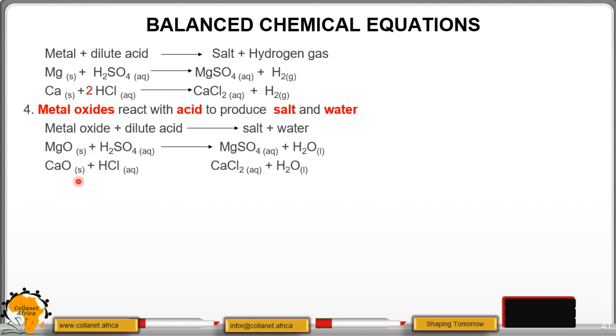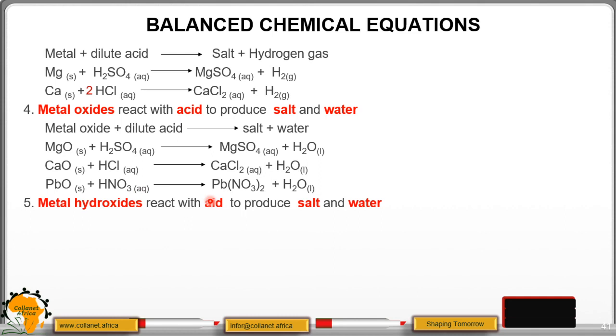So calcium hydroxide plus HCl, you get calcium chloride. And so in this case, you need to balance by placing a 2 here, and then you balance. You place a 2 here. Then lead oxide plus nitric acid, you get lead nitrate plus water.